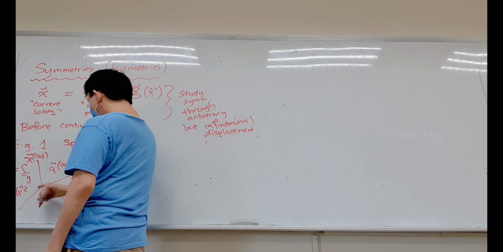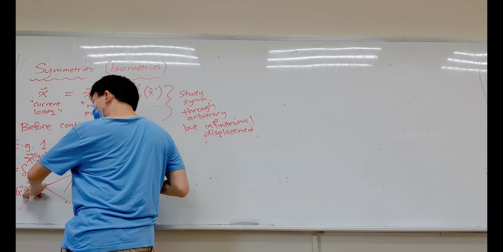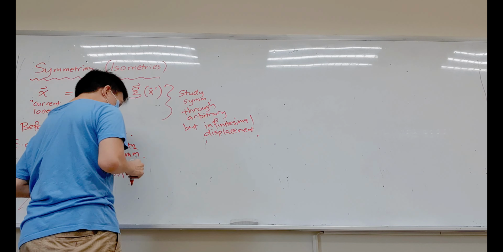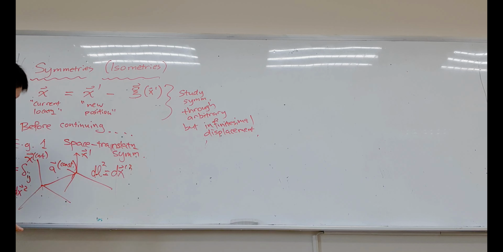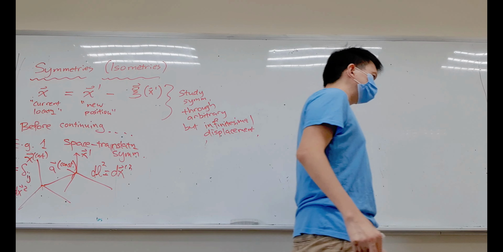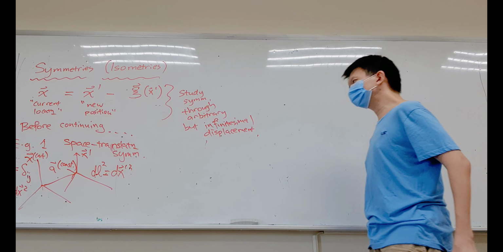X and x prime are related through a displacement, but otherwise the form of the metric is the same. Why? Because the way you measure the length over here and over here is exactly the same. It gives you the same kind of result. If you displace by dx or dx prime, and they are the same units of displacement, then the length is exactly the same. That's what it means by symmetry.